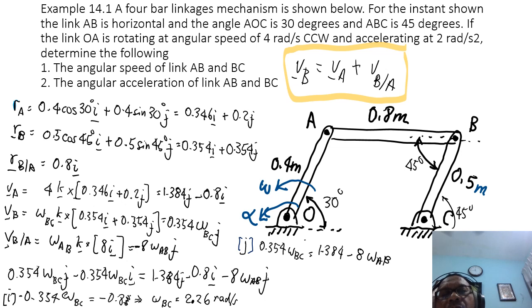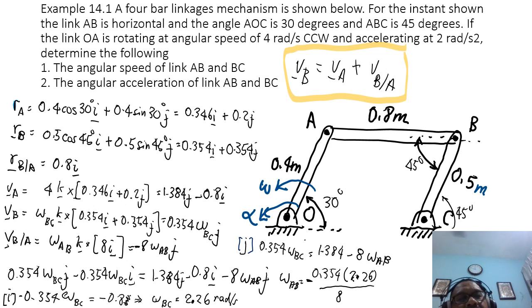So we said that omega AB equals 0.354 times 2.26 divided by 0.8. And then there's a minus sign here, so let me move this a bit to the left. So it's a minus. So omega AB equals minus, yeah, this 2.26.